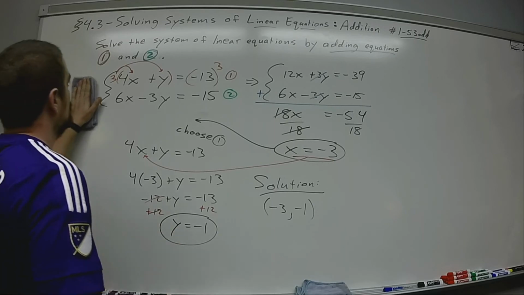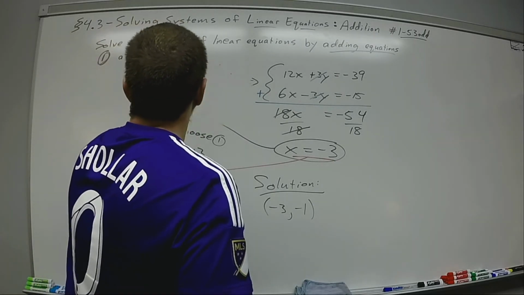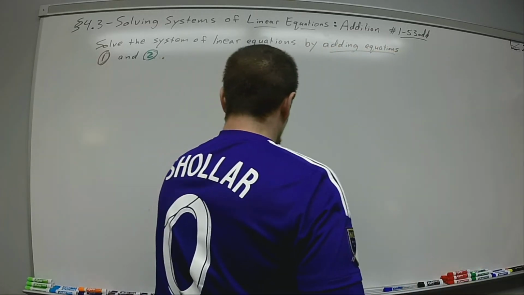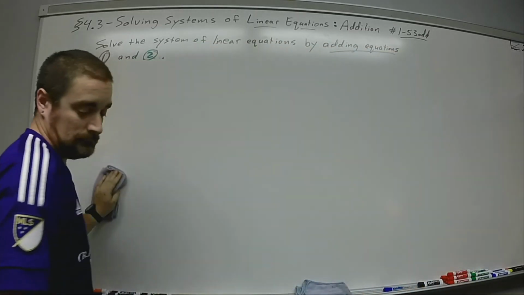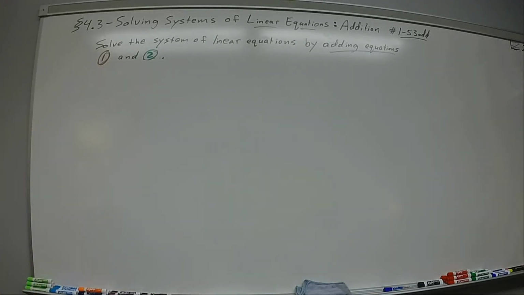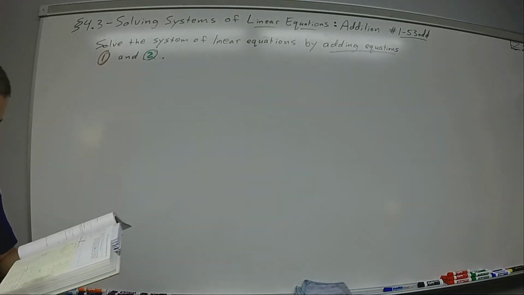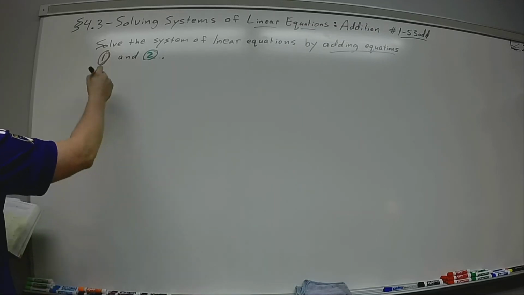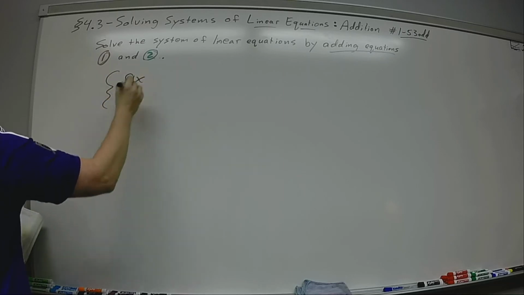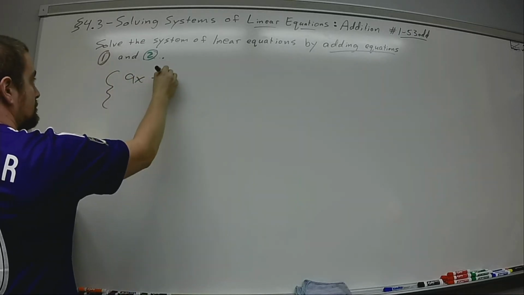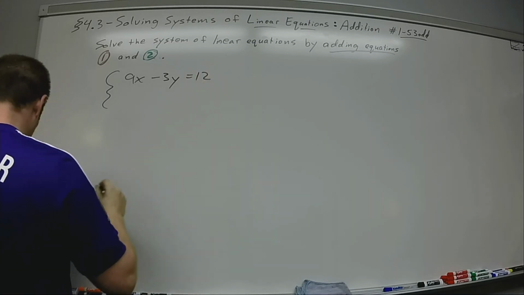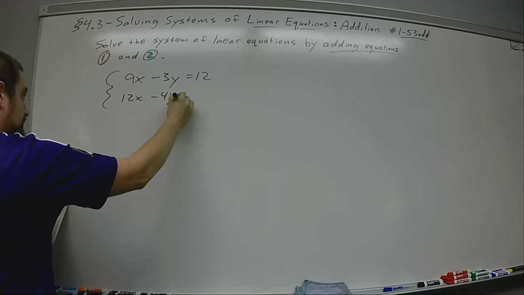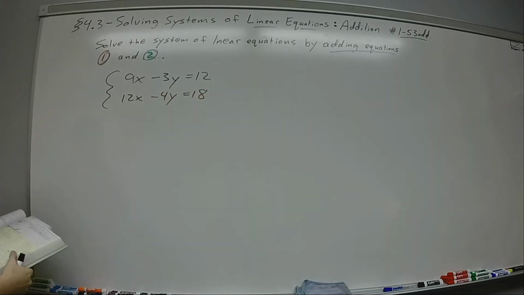So again, let's do a couple more. Let's say we want to take 9x minus 3y equals 12, and 12x minus 4y equals 18.